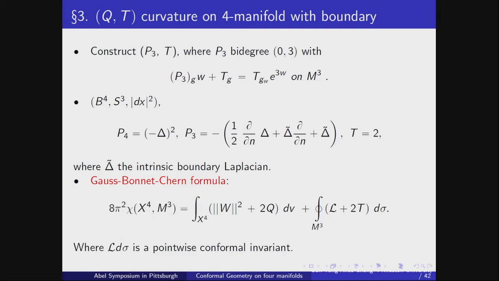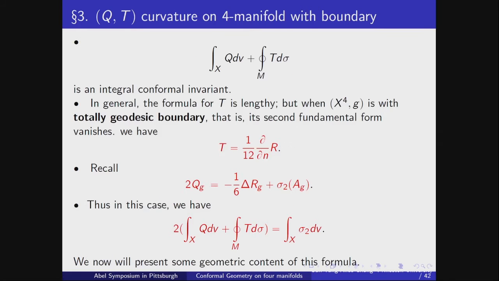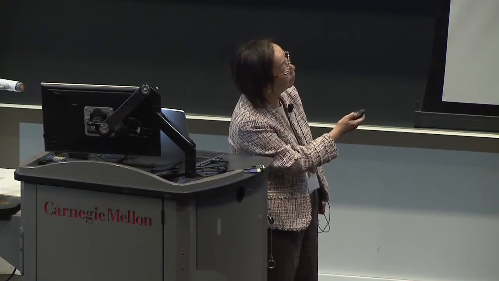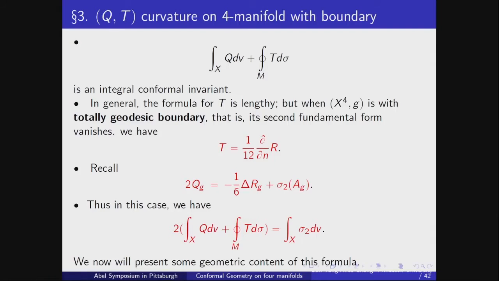So based on this type of analysis and thinking, one can begin to study this Q curvature plus a boundary term. Instead of the integration of Q, one begins to study the integration of Q plus the boundary invariant. Okay, the formula is complicated, but in a simple case, when the manifold has totally geodesic boundary, that means the second fundamental form is trivial, then the T operator can be written down explicitly.